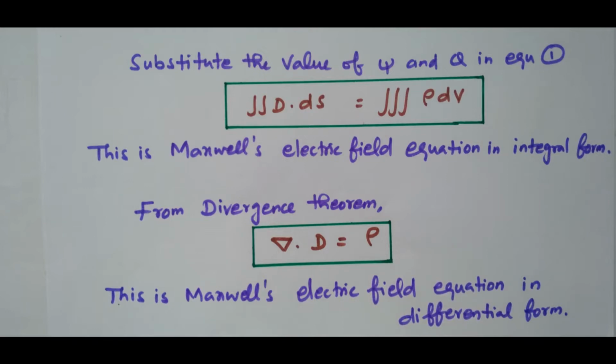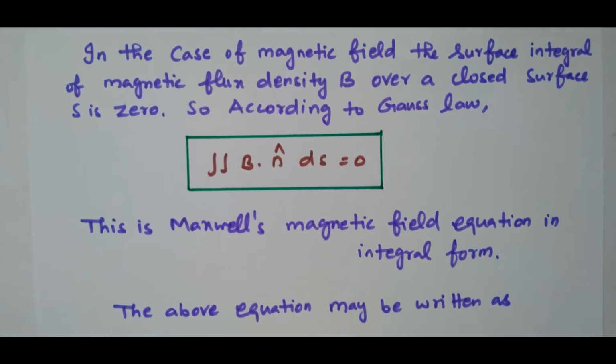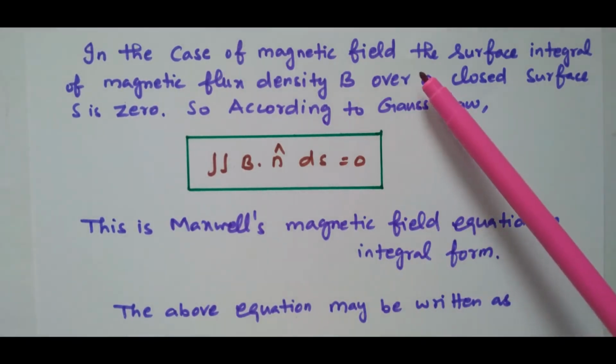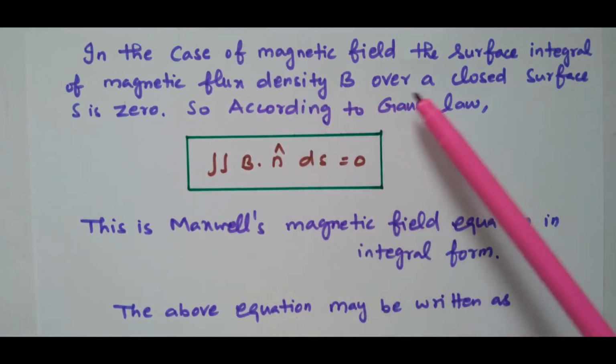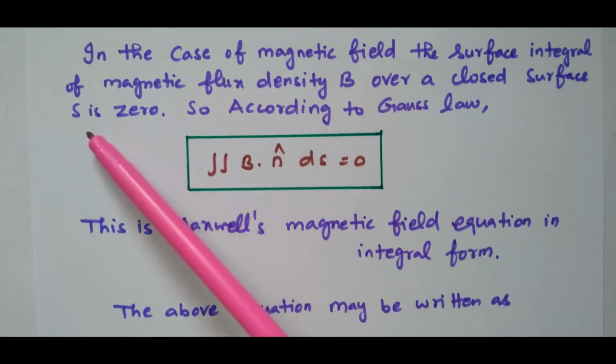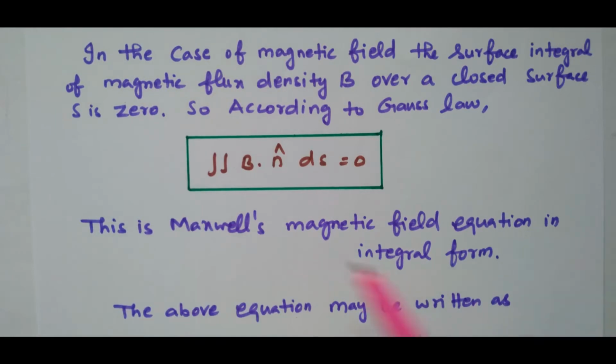Now we'll go to the fourth equation, for the magnetic field. In the case of magnetic field, the surface integral of magnetic flux density B over a closed surface S is 0. That is double integral B dot n cap dS equal to 0, given by the Gauss law for a magnetic field.